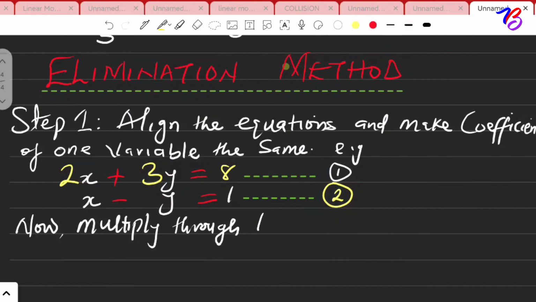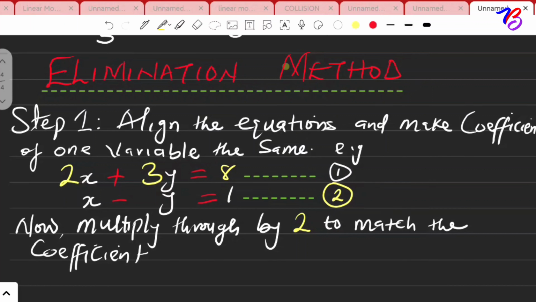So now let's multiply through by 2, meaning let's multiply equation 2 by 2 so it can match the coefficient of x in equation 1. Are you following? Which is why we want to do this. So let's do that quickly.